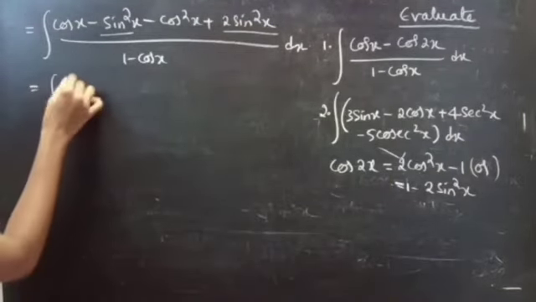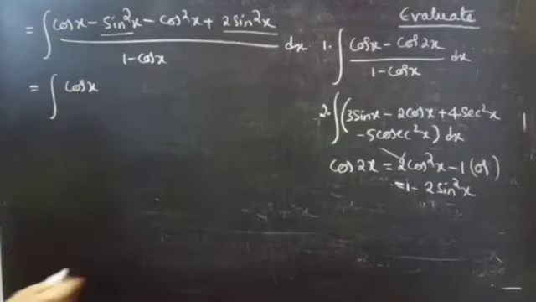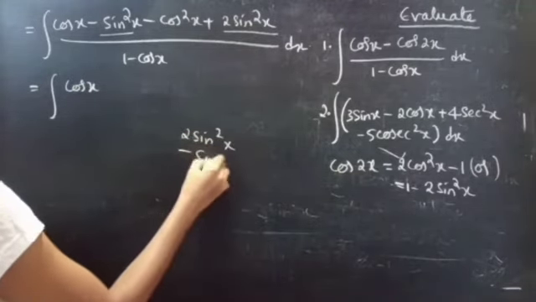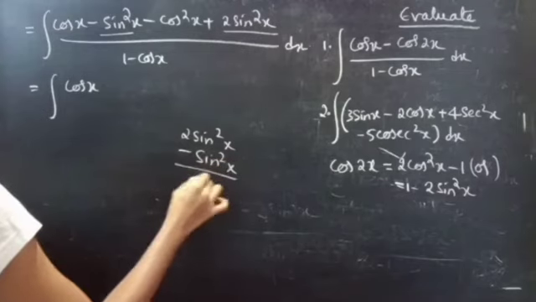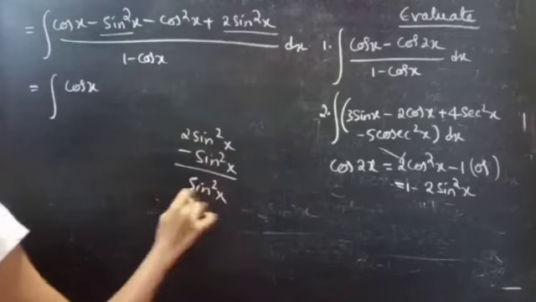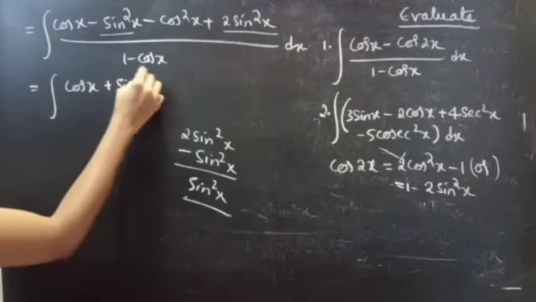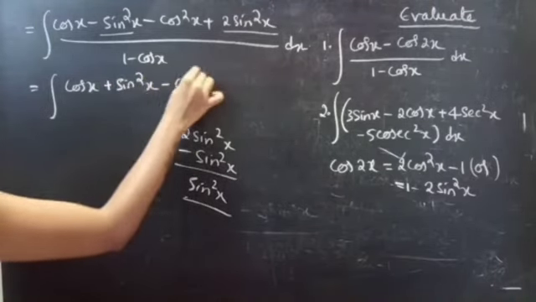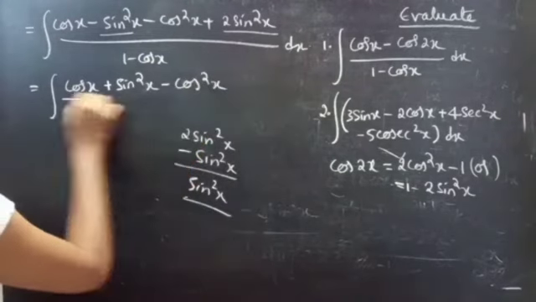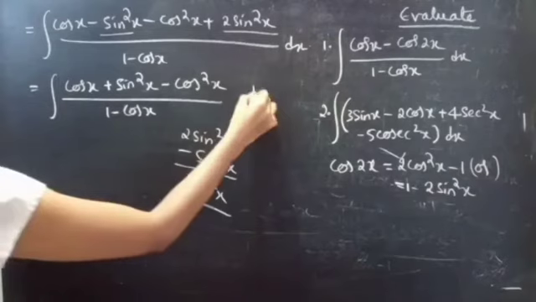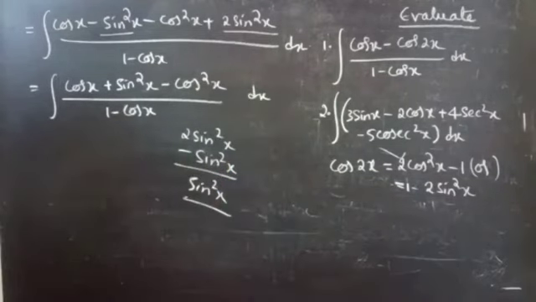So from this you'll get cos x, 2 sine square x minus sine square x is sine square x. So you'll get plus sine square x minus cos square x by 1 minus cos x into dx.